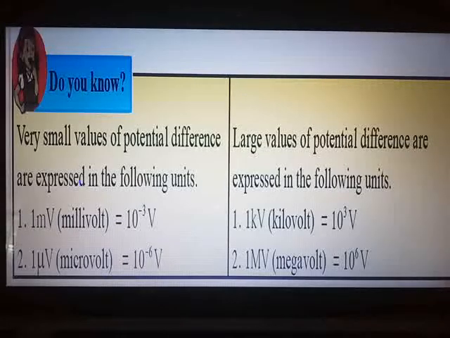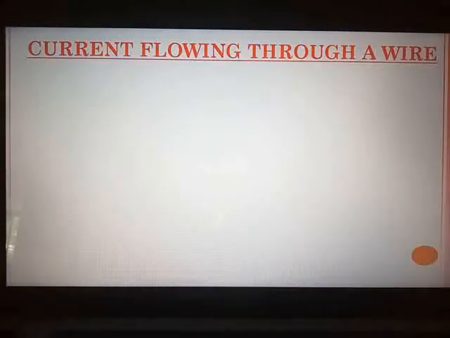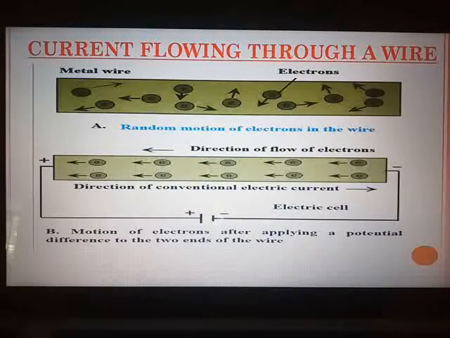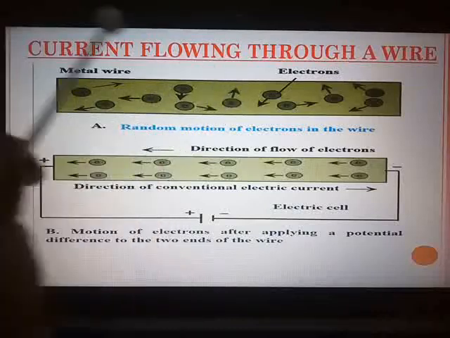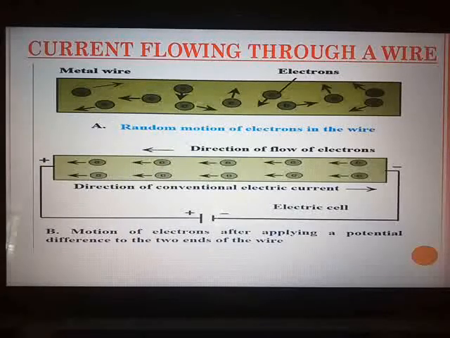After that, we had studied about the current flowing through a wire by taking up a small picture about the motion of electrons. There we had seen that if the conducting wire is not connected to a cell, then its free electrons are not in a state of rest, they are moving randomly here and there.